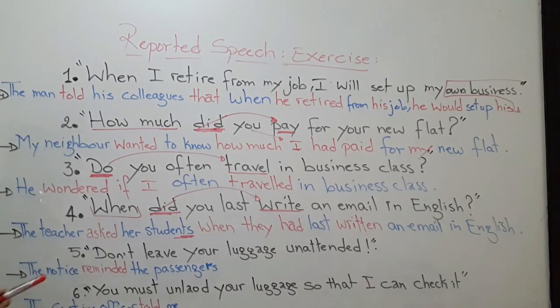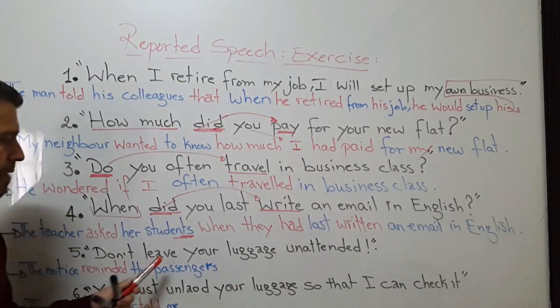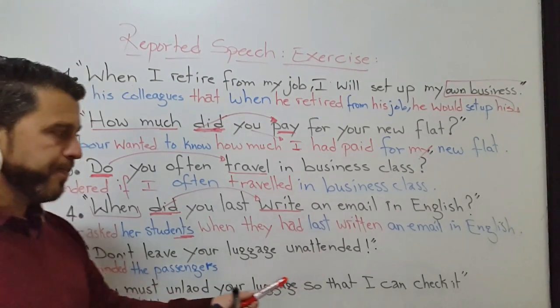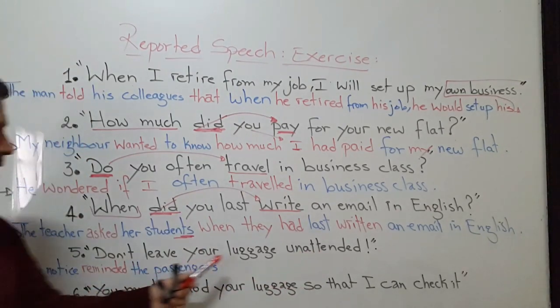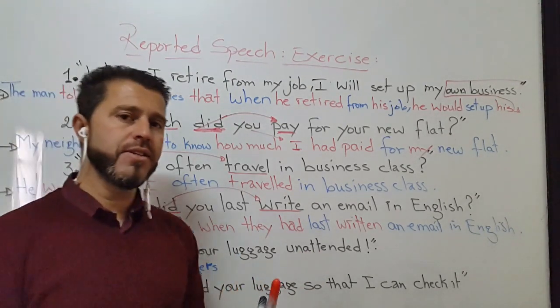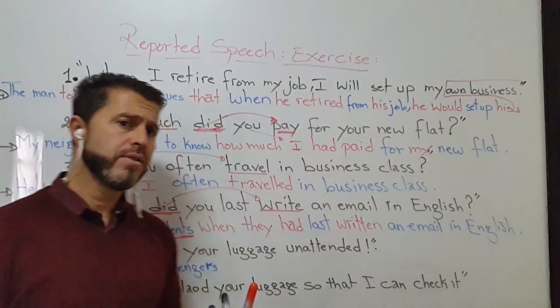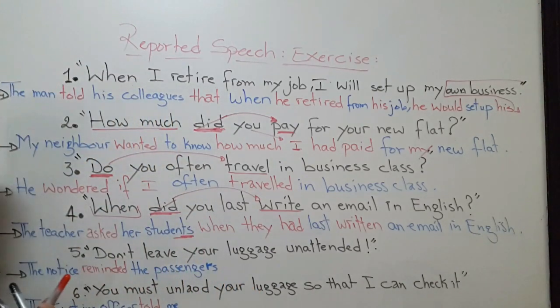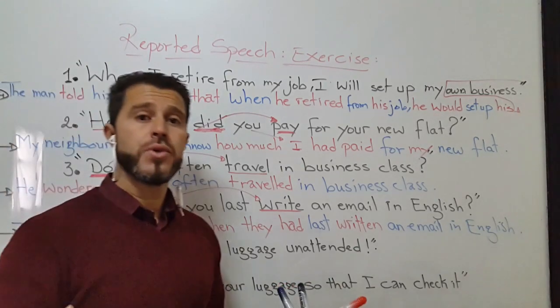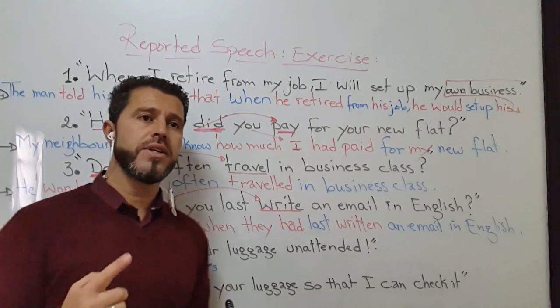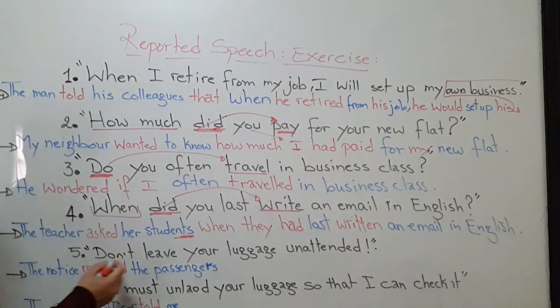Okay? Number 5. Don't leave your luggage unattended. Okay? What kind of sentence is this? Yes? Good. It is a request. Oh, sorry, it is a command. What kind of command is it? Is it positive or negative? Negative. Good. So we have here don't.